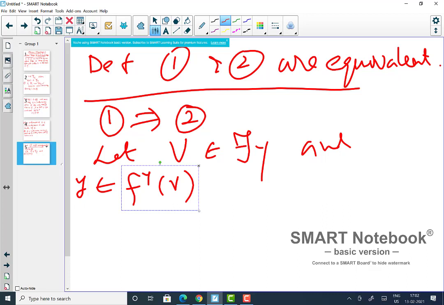So you choose any open set V in Y, and f inverse V is this. But what does that mean?